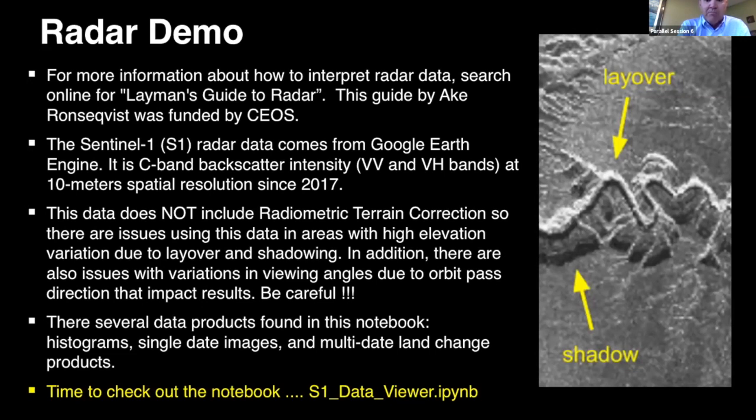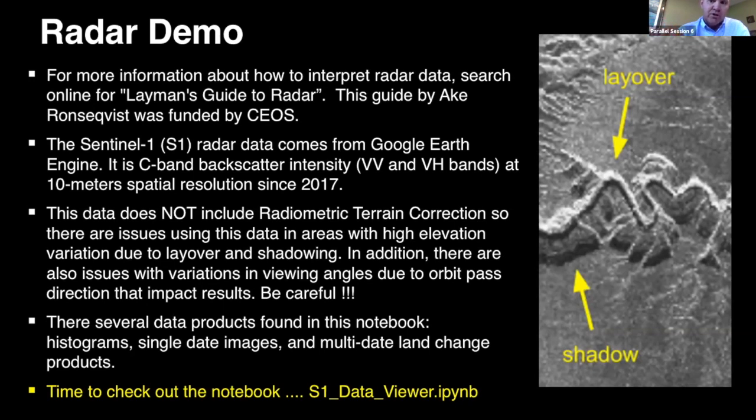Basically, because of the viewing angle, and we're looking at terrain that has height to it, or even in urban areas, there will be shadows and layover return pulses, and you can see them here over a mountain range. I don't know exactly where this is, but you can see the bright return pulse for the layover.